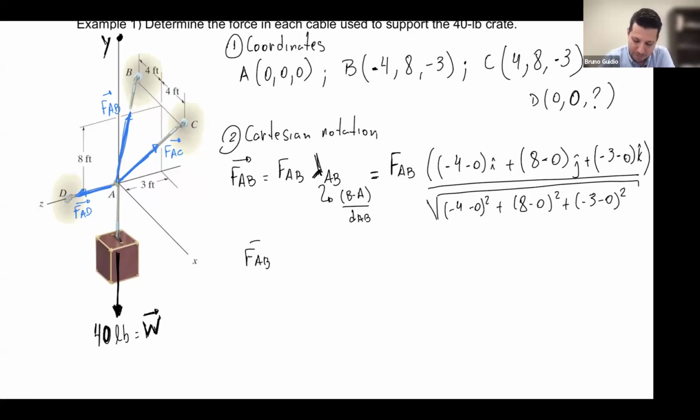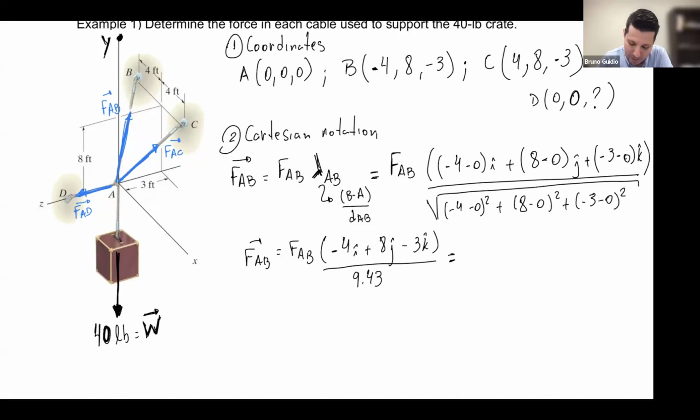FAB is FAB times negative 4, positive 8, negative 3, divided by, once you do this calculation, 9.43. See if you can get 9.43.